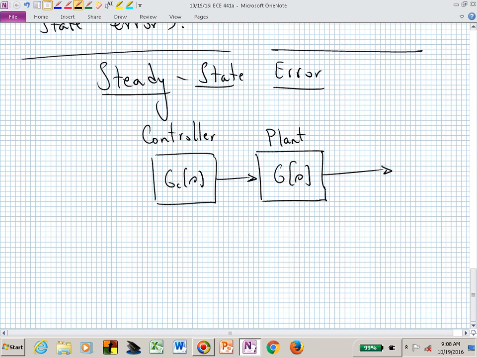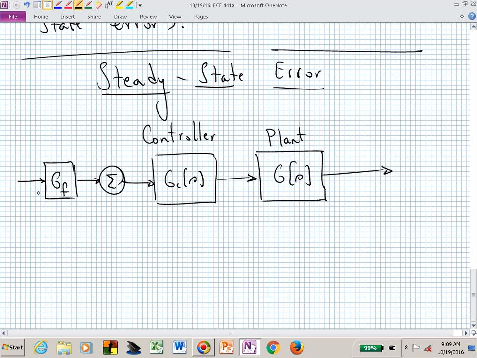Those two are in the forward path and they are in cascade, and hopefully I left them enough room to put all of this together, because you won't want to be cutting your paper vertically and splitting it. So preceding this summing junction, let me put in another gain block, or it could even be a transfer function.